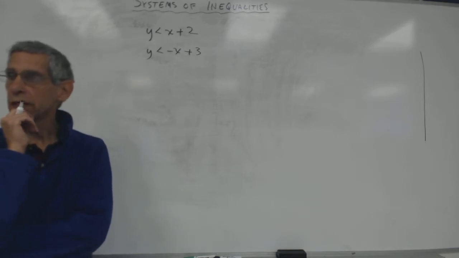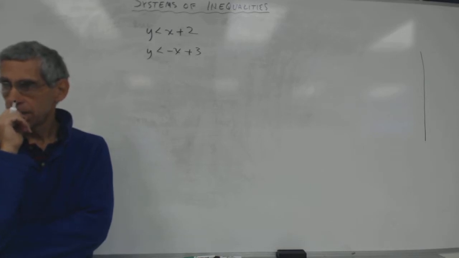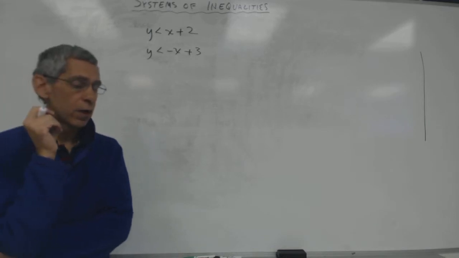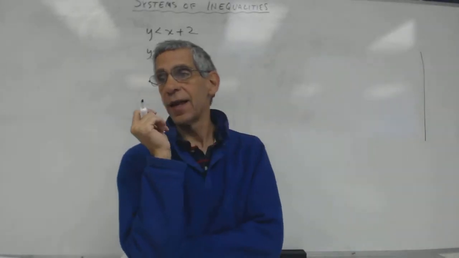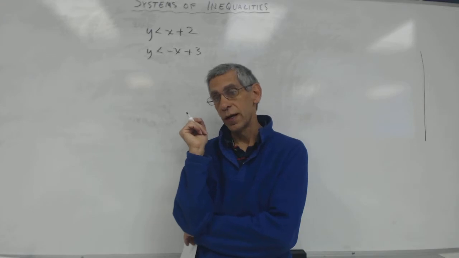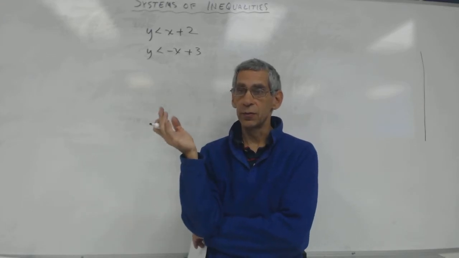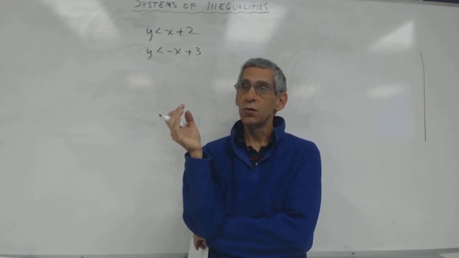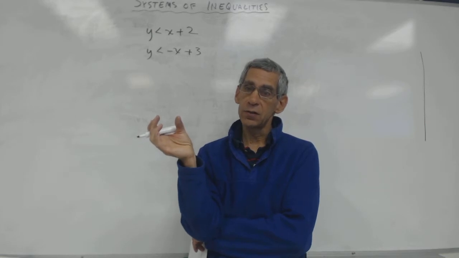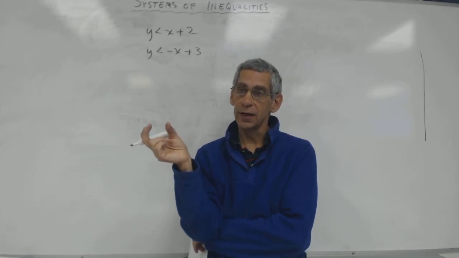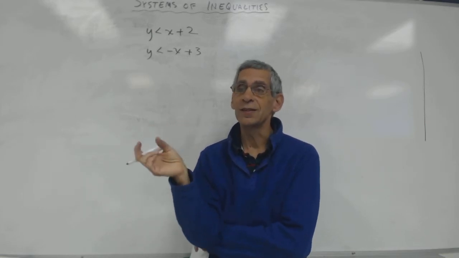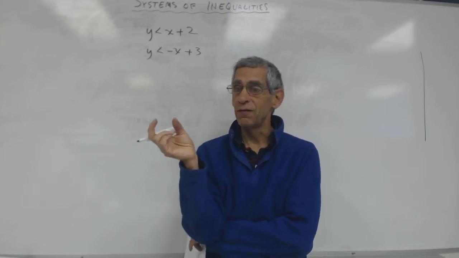Wait, Gary? Yes. Can you have a negative variable? I mean, like at the end of the problem. Well, if it said negative x is greater than 2, for example, you can't leave it like that, because you don't want to know what negative x is, just like you don't want to know what 6x or negative 5x is.